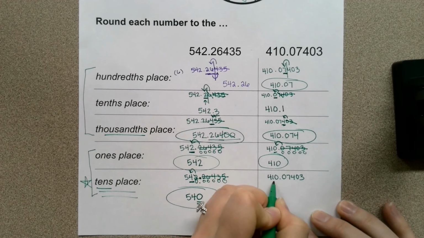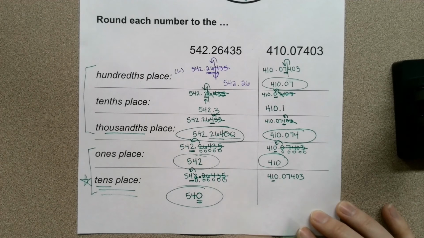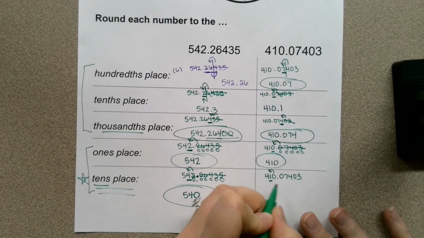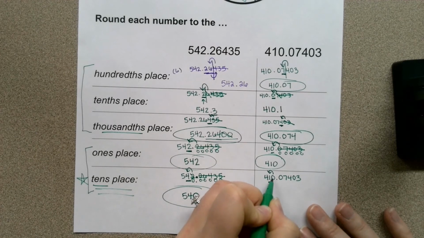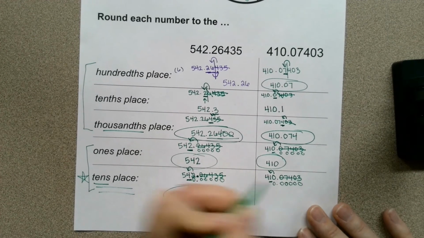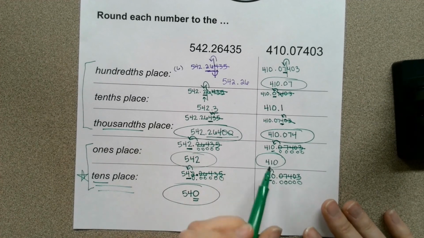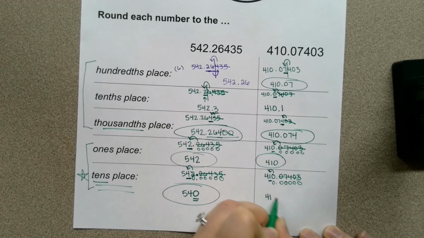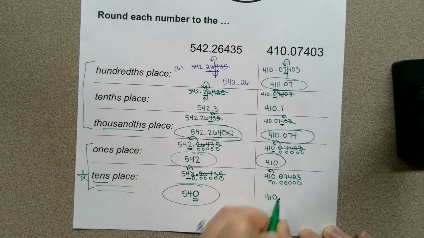Same thing here. This 1 is in the tens place. The 0 is going to determine what happens. It's not enough to round it up, so it would stay a 0, and everything else afterwards would also become zeros. In this case, when it stays a 0, we still have to write it because it's to the left of the decimal.